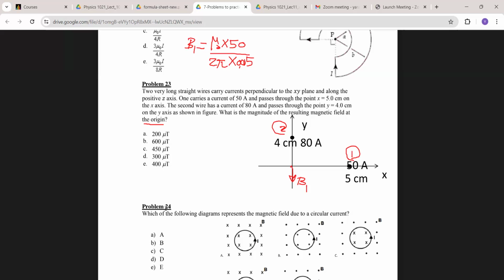The magnetic field due to the second wire is B2, and B2 would be mu naught multiplied by 80 over 2 pi times 0.04.